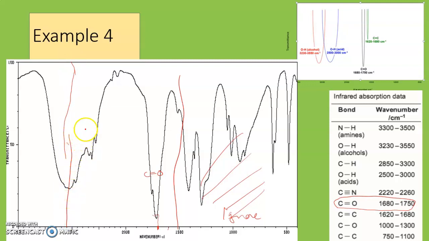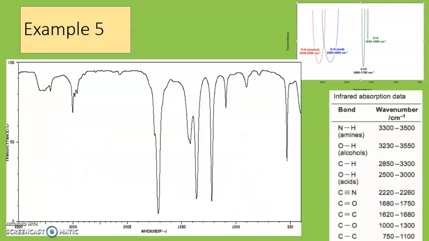So I've got a peak for CH and a wide peak for OH. So that is my carboxylic acid group. So I've got OH along with C double bond O. So that indicates this is a functional group COOH. And you could do a chemical test. You could add bicarbonate to see effervescence, and that will indicate it is a carboxylic acid.